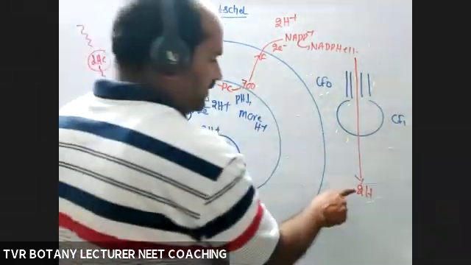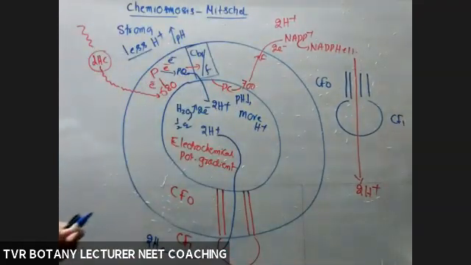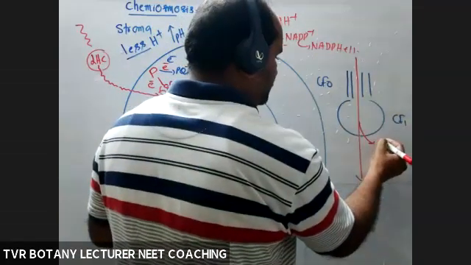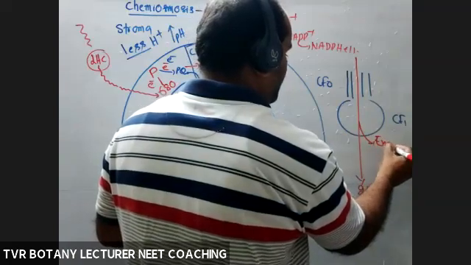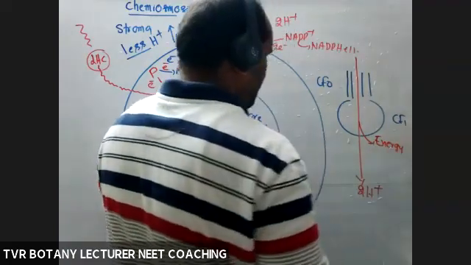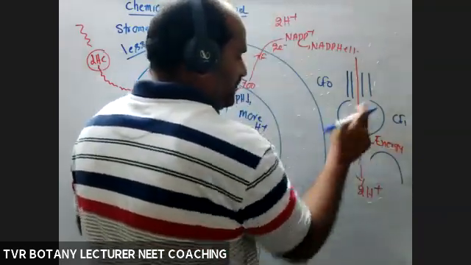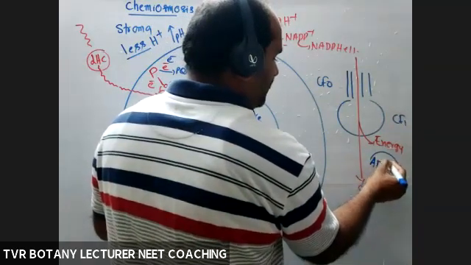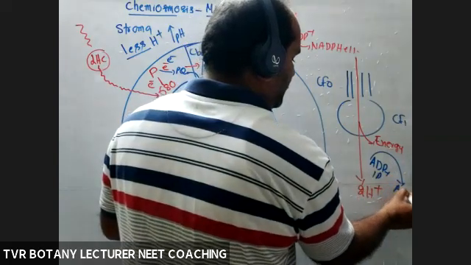During transportation of H plus, some amount of energy is liberated from the protons. That energy is coming from sunlight. So this energy is used by the ATP synthase enzyme to club ADP plus inorganic phosphate into one molecule of ATP.